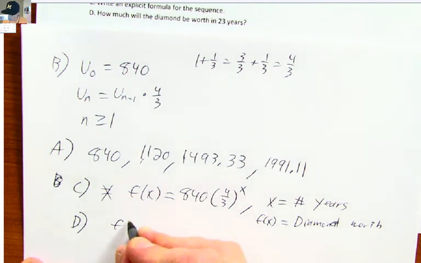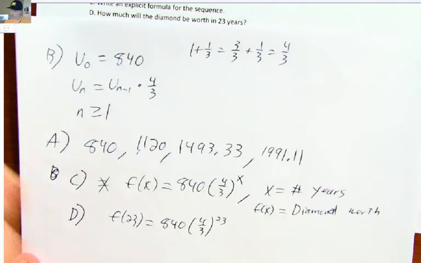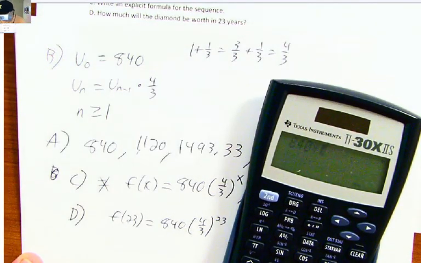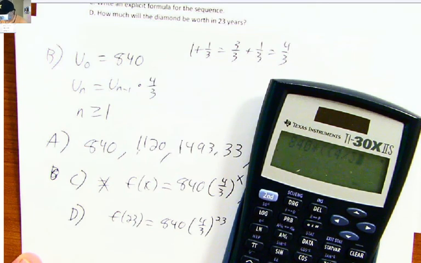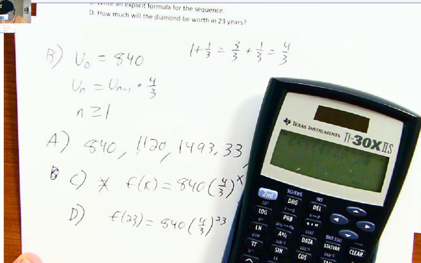So f of 23 equals 840 times 4/3 raised to the 23rd power. And your calculator can do all that in 1 bit. 840 times parentheses, 4 divided by 3, close parentheses for the 4/3, raised to the 23rd power.